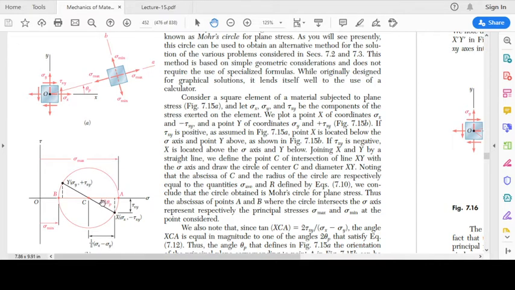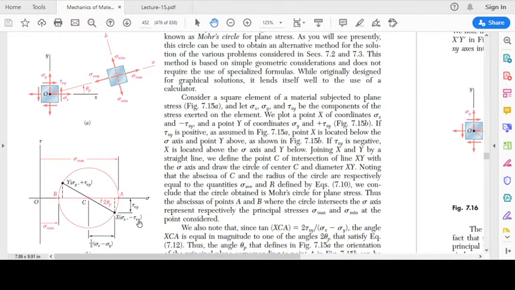This angle is going to be 2 theta p, because each radial line on this circle represents some plane. This radial line cx is representing the vertical plane. The stresses on this vertical plane are normal stress sigma x and shear stress tau xy.